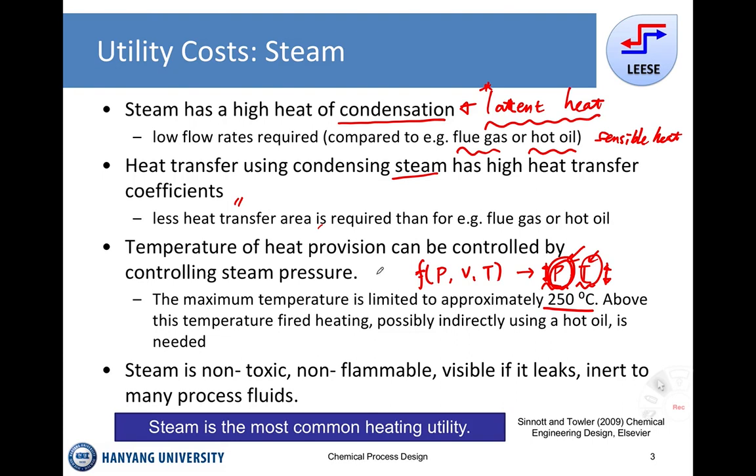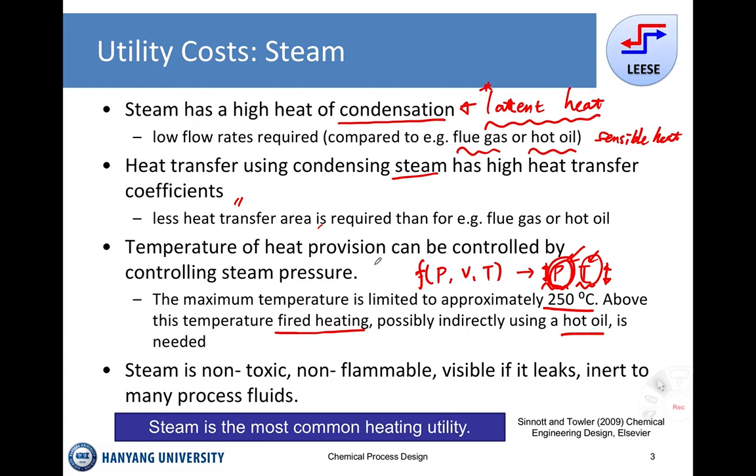That is the threshold for the maximum temperature typically allowed in the process industry when steam is used. Above this temperature, we use fire heating, maybe hot oil. For higher temperatures, for example 400, 450, maybe 500 degrees C, steam is not used.